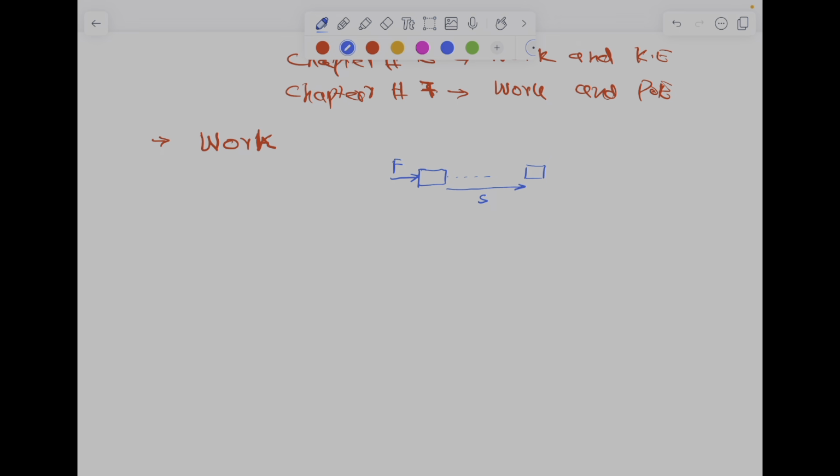So when a force is applied and the object covers a distance, this is work. So work is nothing but the force times the displacement.